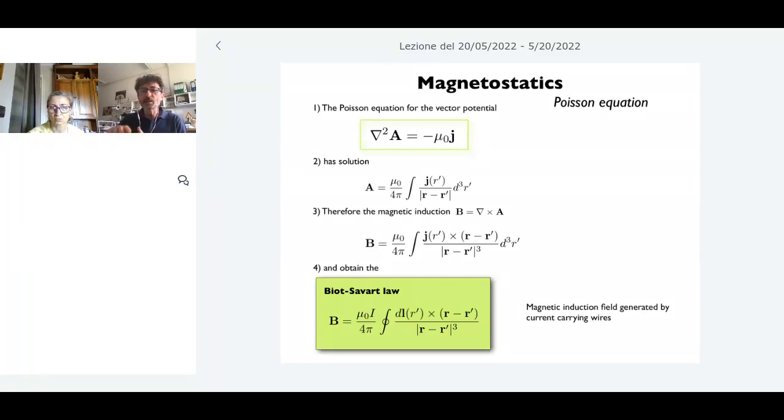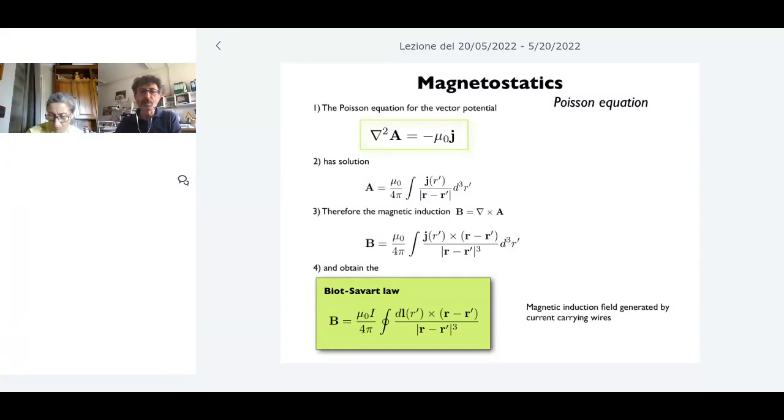So we start directly with the Poisson equation for the vector potential, and we write the solution. This is the formal solution of this Poisson equation. Again, I'm not demonstrating anything, so I'm taking the results from electrodynamics. The vector A, the vector potential, can be simply computed if we know the distribution in space of the current.